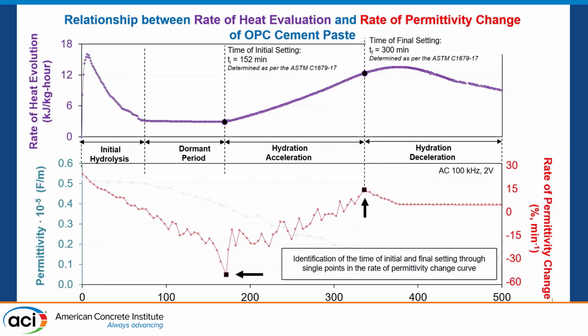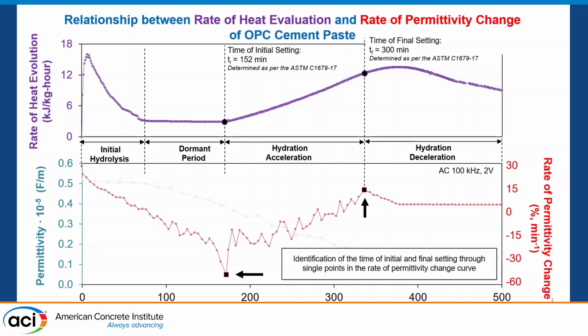If we correlate the rate of heat evolution curve with the rate of permittivity change curve, we see that this point, which is the initial time of setting, is identified by the rate of permittivity change curve. Also, the second point, which corresponds to the time of final setting, can be marked on the rate of permittivity change curve.